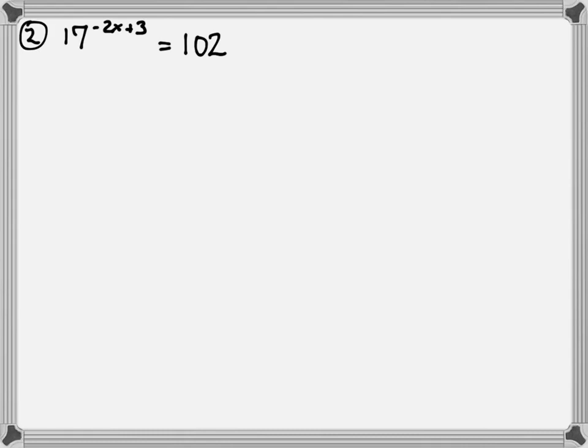So we're going to go through two more of these. What do you think I'm going to do first on this problem? Go fishing. And so we have log base 17 of 102 equals negative 2x plus 3.